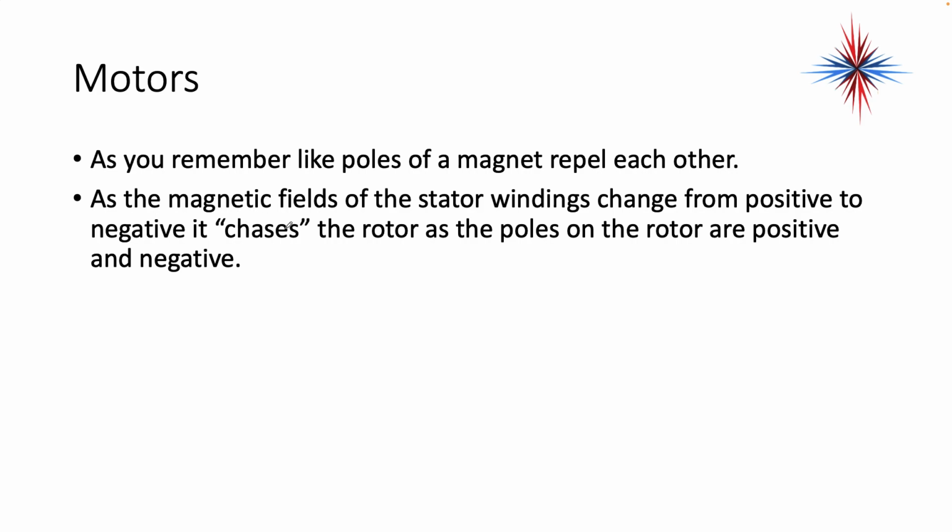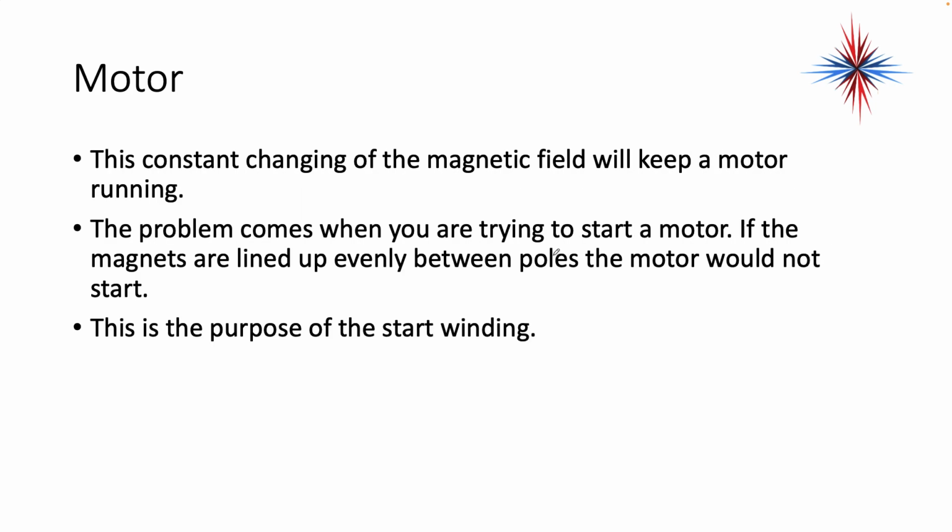As the magnetic field of the stator winding changes from positive to negative, it chases the rotor, as the poles on the rotor are positive and negative. So as the magnetic field keeps reversing 60 times a second, it reverses north and south, and it continues to push that rotor around. This constant change in the magnetic field will keep the motor running.